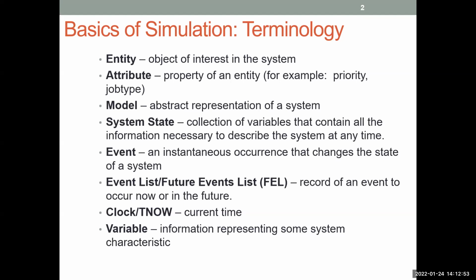A model is an abstract representation of a system. So models can be computer models, or it could be a mathematical model, a queuing model. You are familiar with different types of models. The idea of a model is to create an abstract representation of something, so you don't have to work with the actual system, the real-life system.